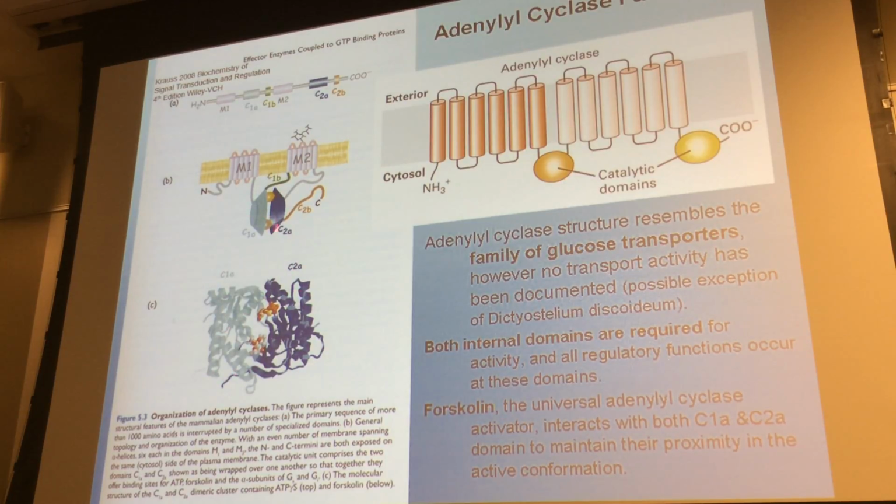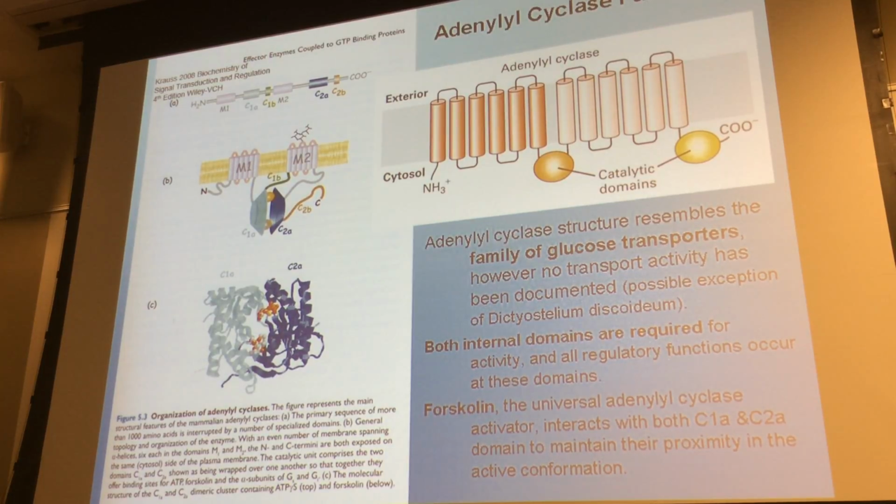Now you can see that what's inside here is going to be our ATP binding site, because that's going to be the substrate. And the site that is going to be on one side of this catalytic subunit actually takes the ATP.